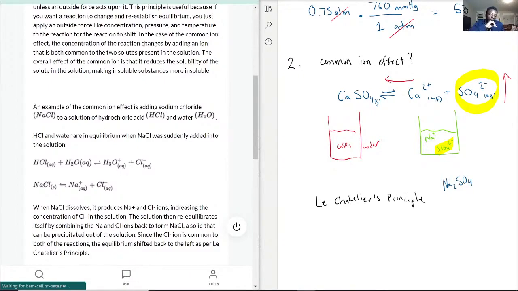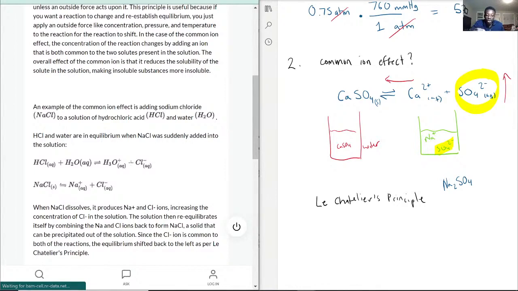If you threw in some salt, sodium chloride, you'll notice that although hydrochloric acid is a strong acid and likes to dissolve completely, there's competition because we have some chloride already present.